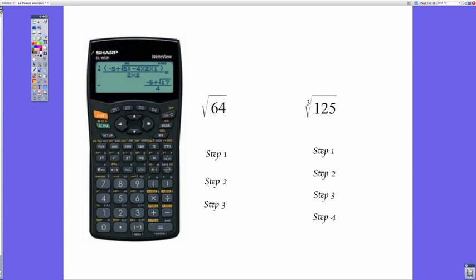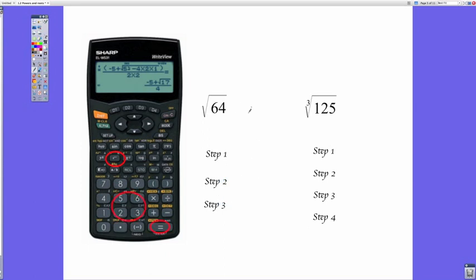We're going to have a look at the square root. If the question says find the square root of 64, you're going to find your square root button. It's a little sort of tick sign. Then you're going to tap in your number, in this case it's 64.